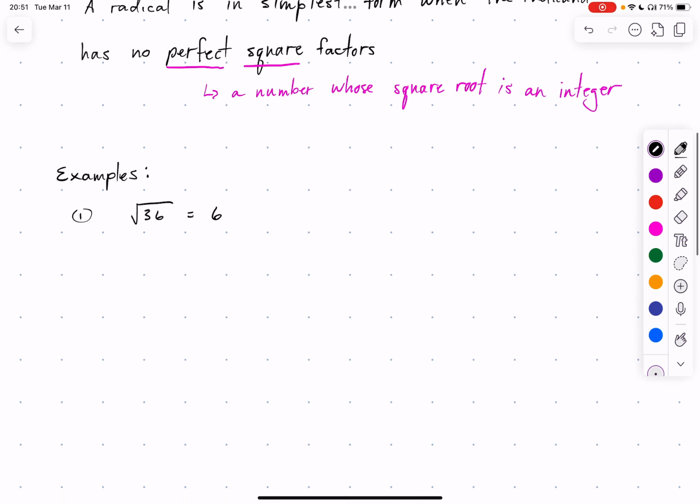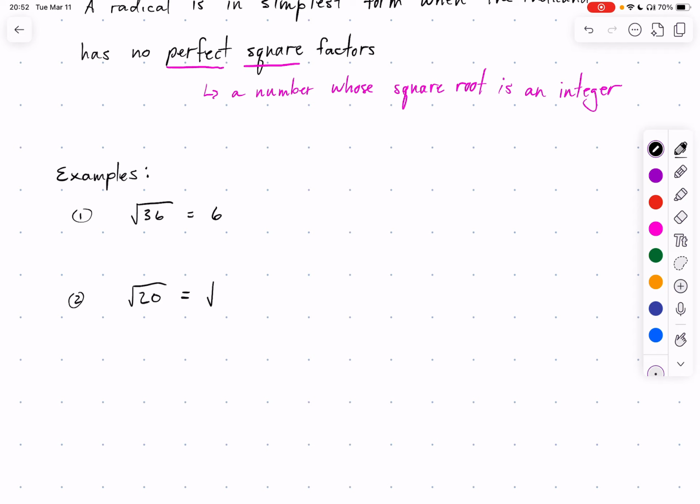Okay, but let's look at an example like the square root of 20. And so we have to think, well, okay, how do we find out if 20 has any perfect square factors? Well, the easiest thing to do is to factor the radical.